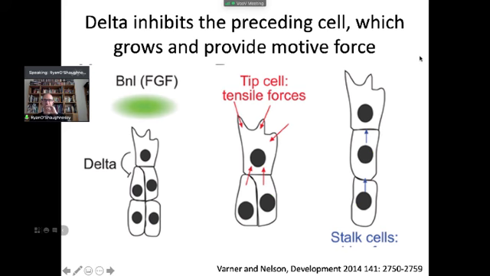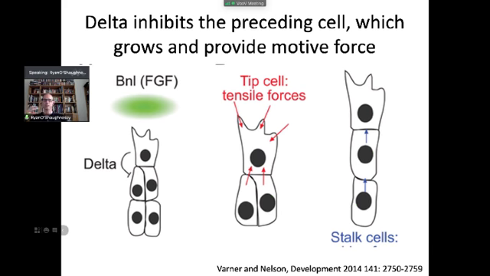So delta inhibits the preceding cell, but the preceding cell can still grow and provide motive force. So we have the cells before the stalk growing. This cell inhibits the cells below it from adopting a branching fate, whereas this cell can adopt a branching fate.